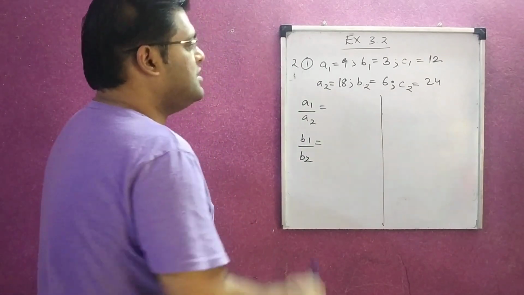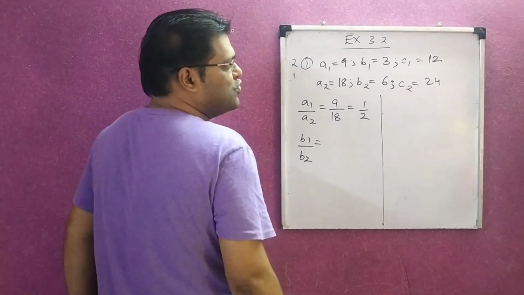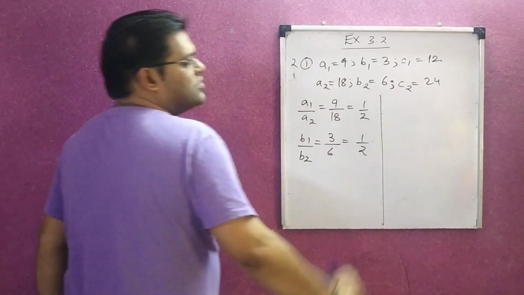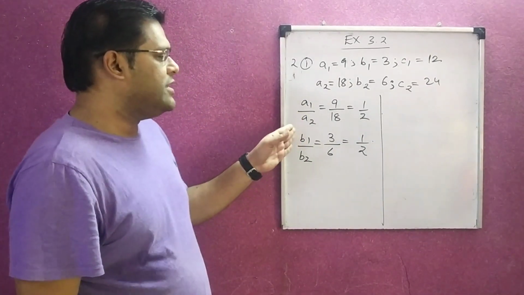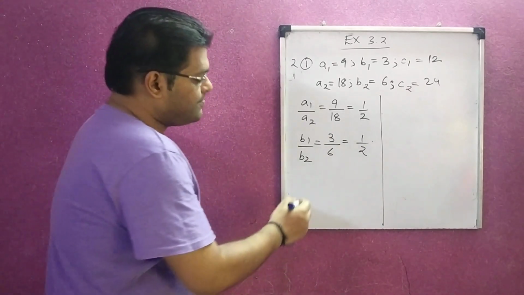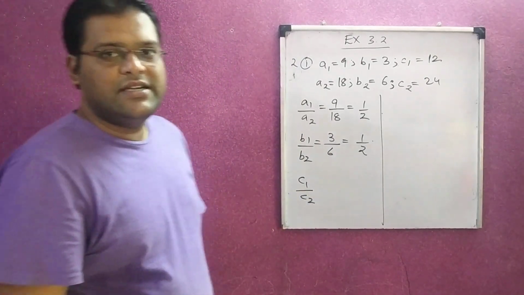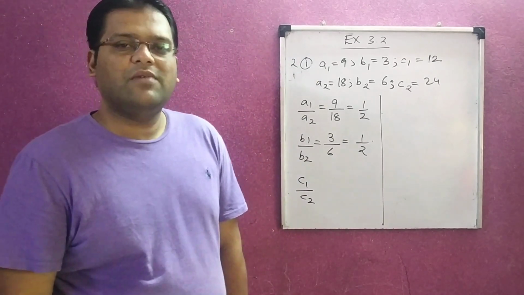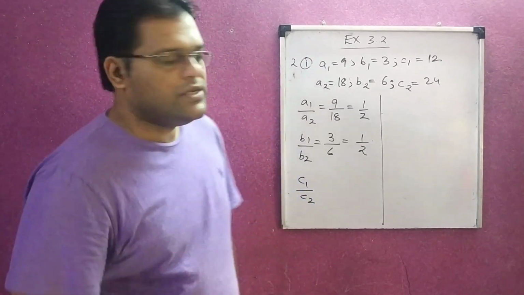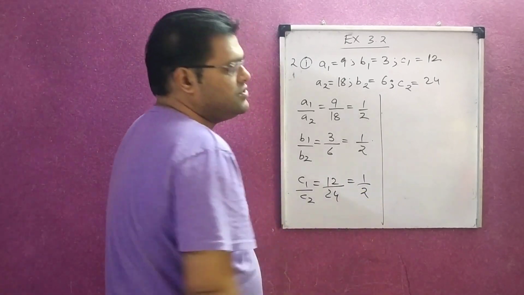Start with the ratio A1 upon A2, that is 9 upon 18, that is 1 upon 2. Second ratio B1 upon B2, 3 upon 6, that is also 1 upon 2. So you find that the ratio A1 upon A2 and B1 upon B2 come out equal. Only then you look for the third ratio. Unless A1 upon A2 and B1 upon B2 come out equal, you don't have to find the third ratio. In this case we have to. So C1 upon C2 is going to be 12 upon 24, which is 1 upon 2.